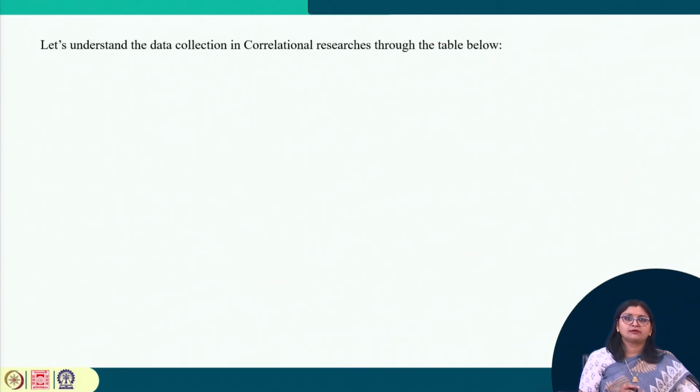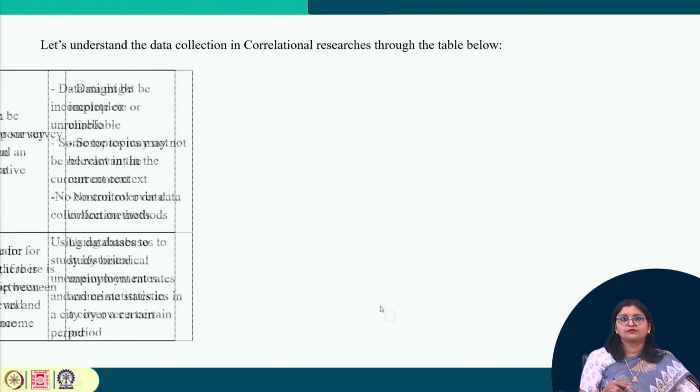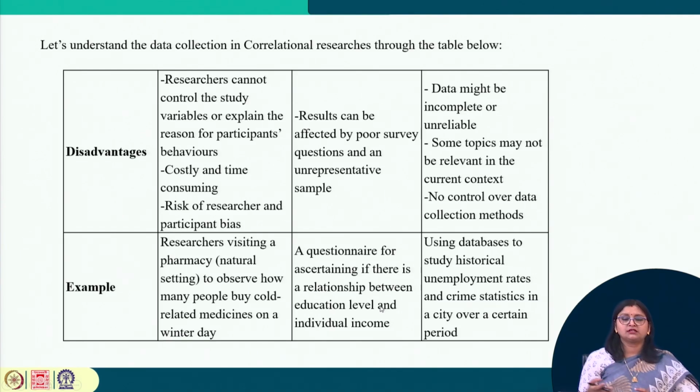Now, let us understand the other parameter, the disadvantages. What are the disadvantages of this kind of data collection? In naturalistic settings, researchers cannot control the study variables or explain the reasons for the participants' behavior. It can be costly and time consuming, with risk for the researcher and participants' bias.